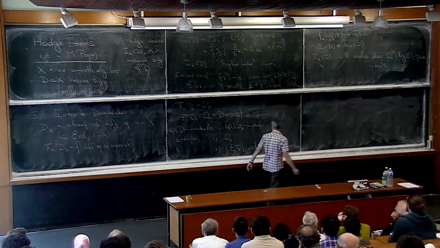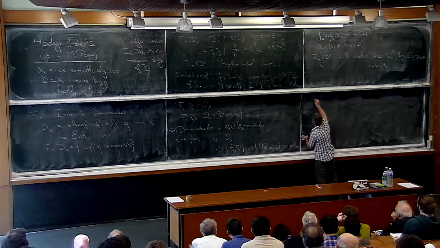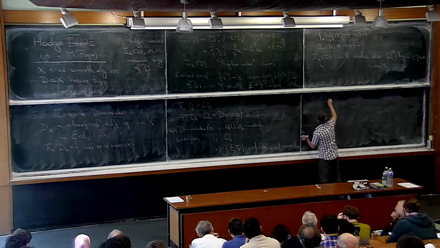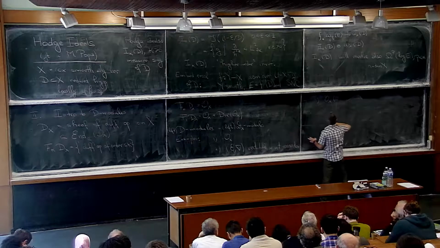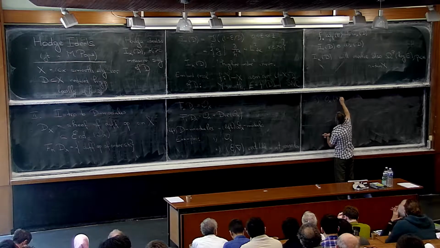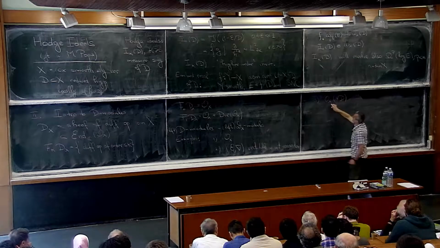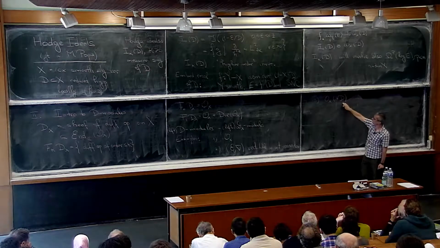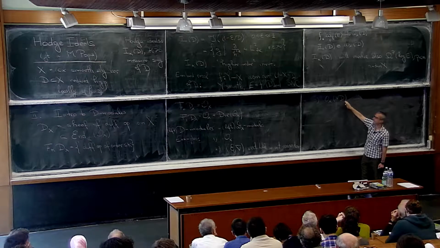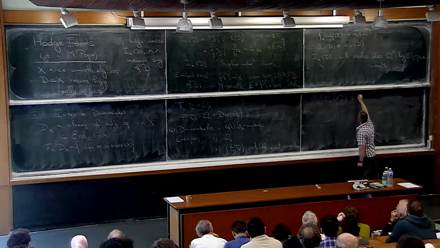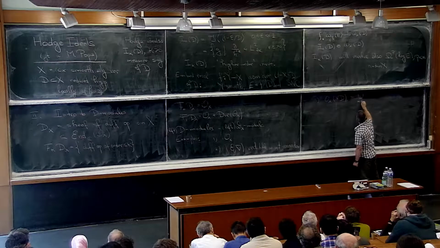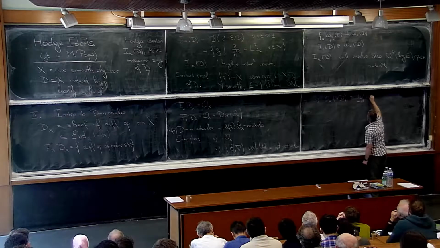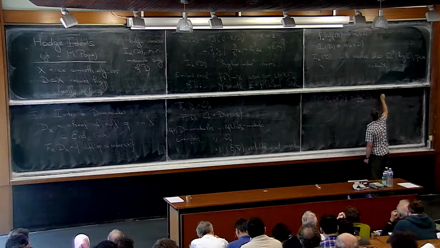So the one that will be of interest for us today is the following. It's given by a localization process, right? So remember that we have this hypersurface D inside X. What this sheaf is given by is all rational functions with poles along D. So this is simply the union over all m greater or equal than 1 of OX of mD.